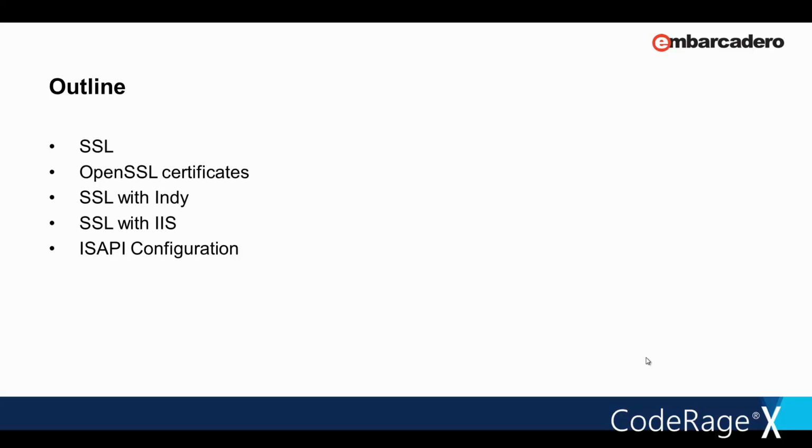We're going to talk about SSL with Indy, and then SSL with IIS, and then we're also going to talk about ISAPI configuration, because getting that wrong can also give you security issues there as well. So it's important to note those things, and let's move right along.